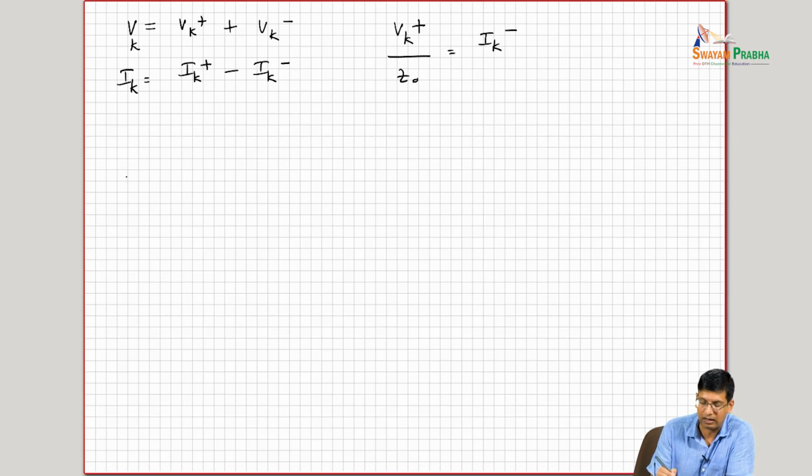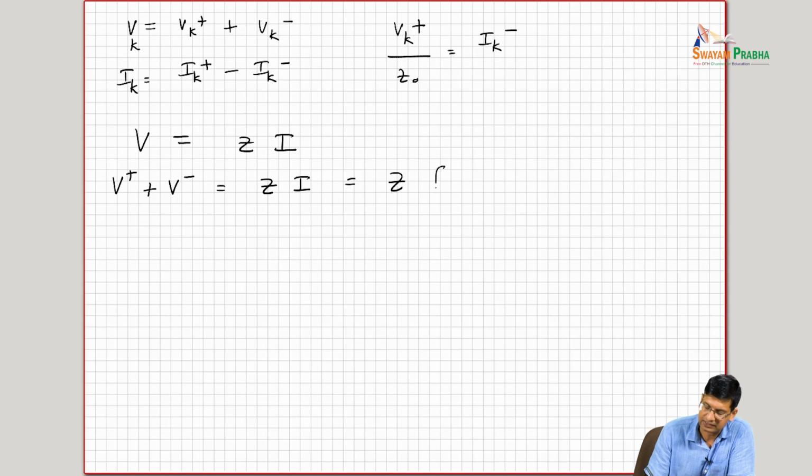So now what we basically can say is that let's write our normal Z parameters, right? So V would be Z times I. So basically the matrix V plus, so all of the V pluses plus all of the V minuses are Z times I, which is Z times V plus divided by Z naught or Zc, whatever we call the impedance that we are working with, right?